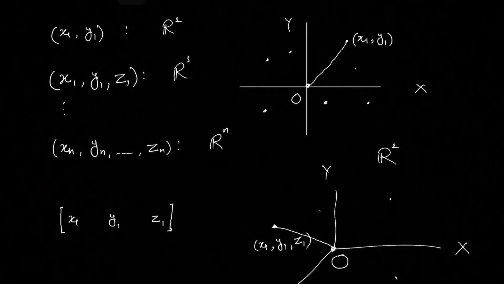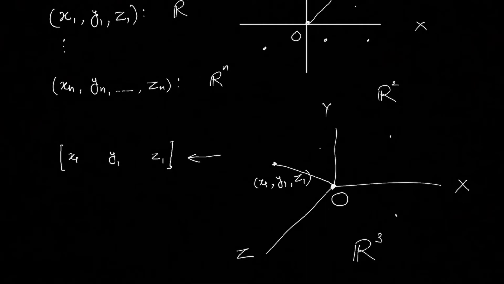You can write it as a row vector, or as a column matrix x1, y1, z1. The same vector x1, y1, z1 can be written as a row vector, row matrix, or column matrix. We will use either of these forms according to the need of the question.